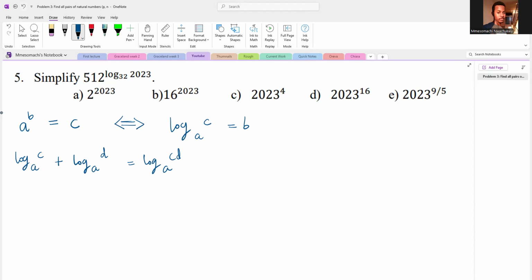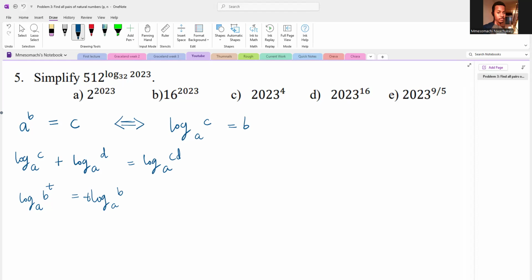So there are a lot of basic laws of logarithm. We can also look at this: log to base a of b to the power of t is equal to t times log to base a of b. So these are some of the basic laws.